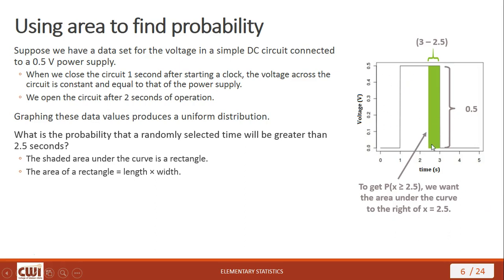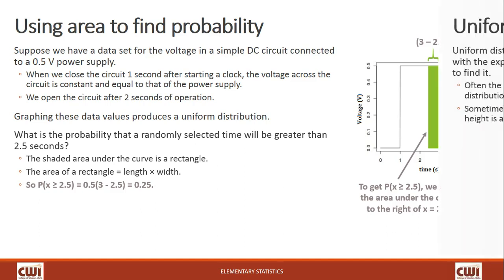And then this distance here is the width, and we can get that by subtracting 2.5 from 3 to get 1/2. So if we multiply those together, we get 1/4 or 0.25. So the probability that a randomly selected time will be greater than 2.5 seconds is 25%.